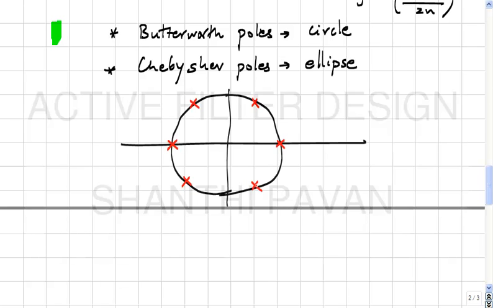Now if I had a Chebyshev filter, a third order Chebyshev filter, and if I had tuned its band edge, its 3 dB bandwidth, to be roughly the same as that of the Butterworth, where do you think the poles would lie? So it will be an ellipse, the poles will all lie on it.